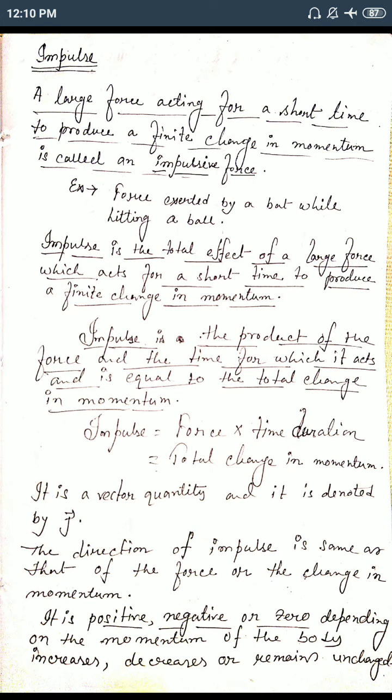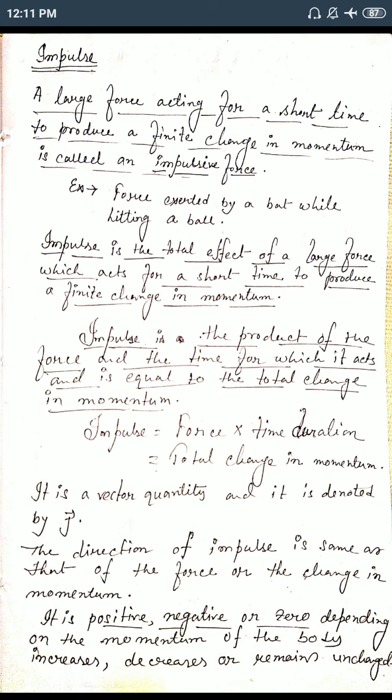So impulse is the total effect: when a large amount of force acts for a short time and produces a finite change in momentum, that total phenomenon is called impulse, and that large force is called impulsive force. It is like resistance and resistor. You know that in class 10 you studied resistance is a property of a resistor, and a resistor is a device.